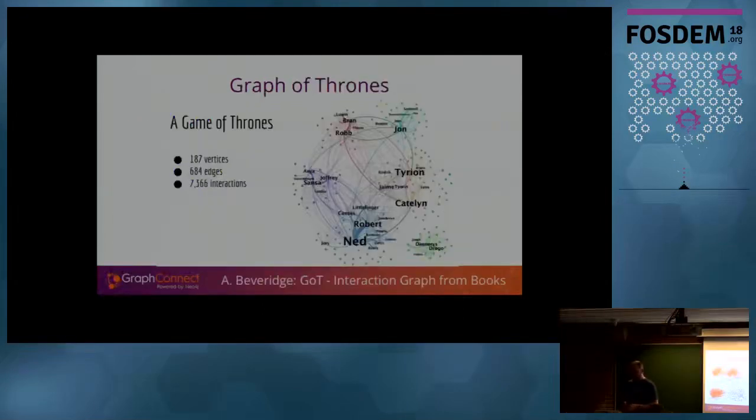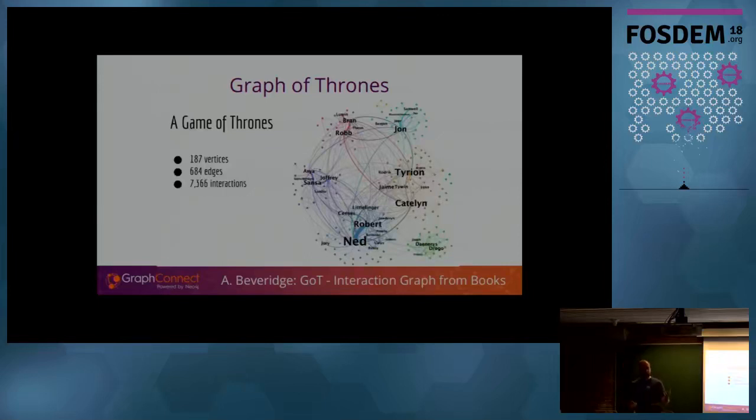Structures can hide in the graph. One example that I really liked a lot is Game of Thrones. Andrew Beveridge, a mathematician from California, took all the Game of Thrones books, all the 5 books that we have right now, because Winds of Winter is not coming out yet, right? And analyzed character interaction.